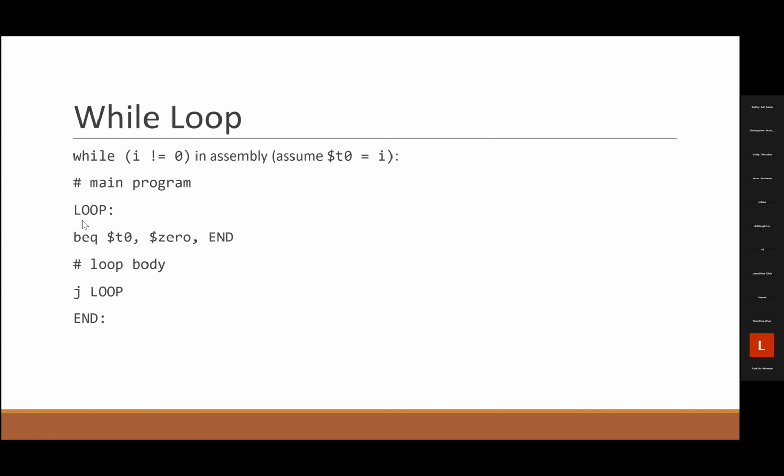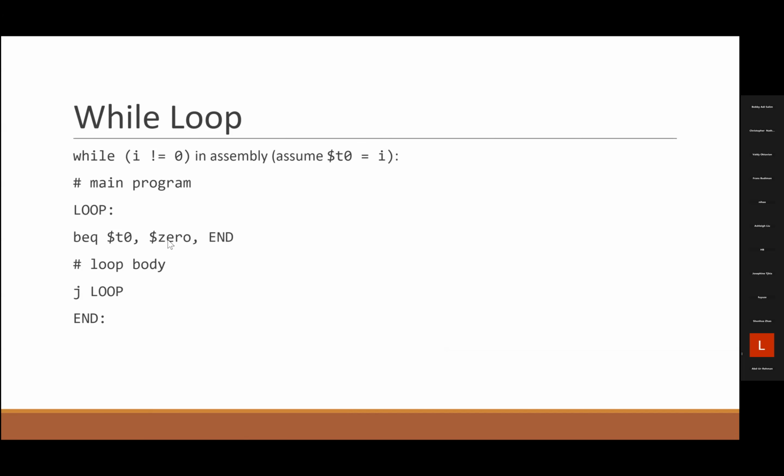And next you have while loops. Again, you will do while loops with branches and jumps in assembly. So here we enter the loop, and then we're storing I in T0.